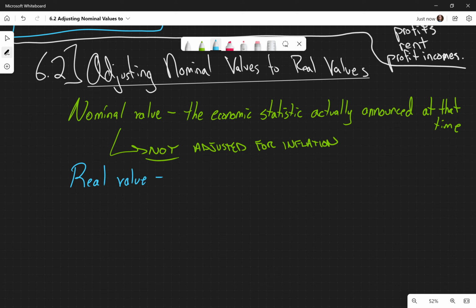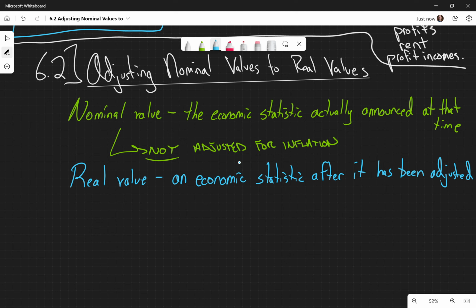So a real value is an economic statistic after it has been adjusted for inflation. In general, this one is the more important one.